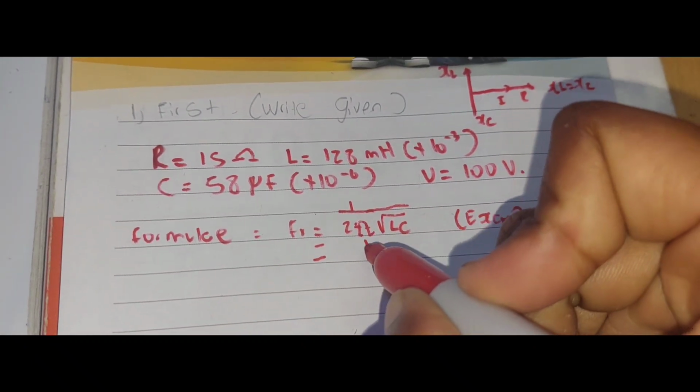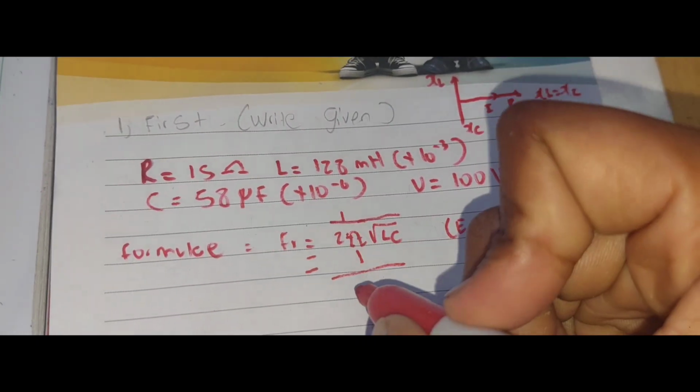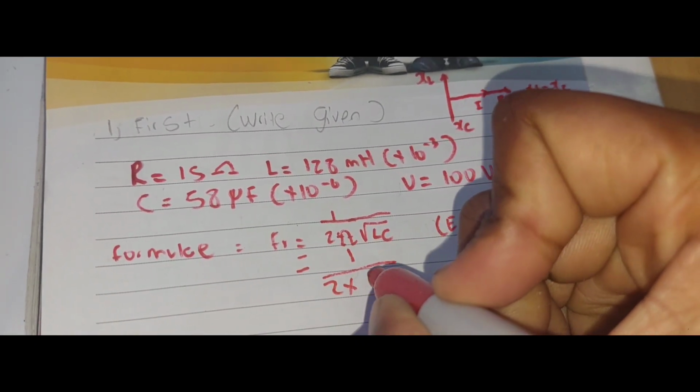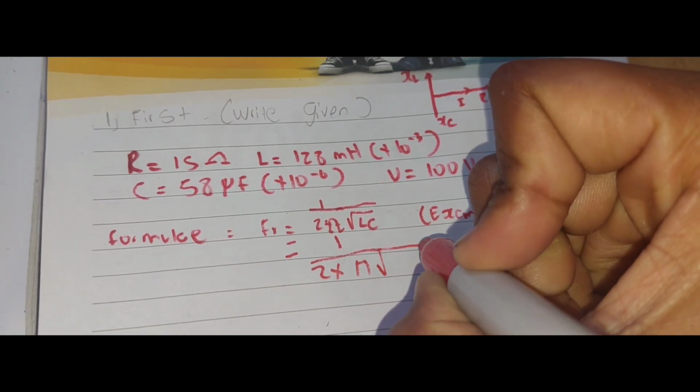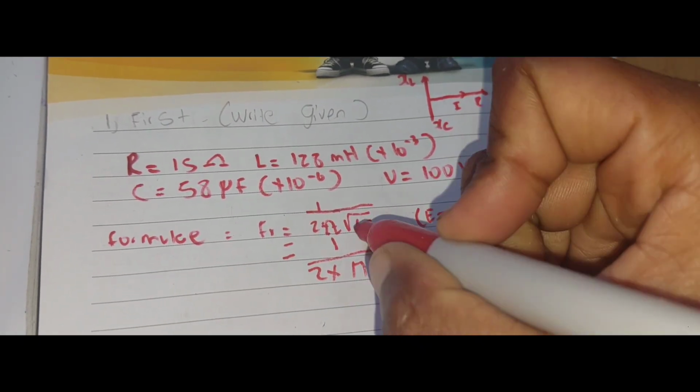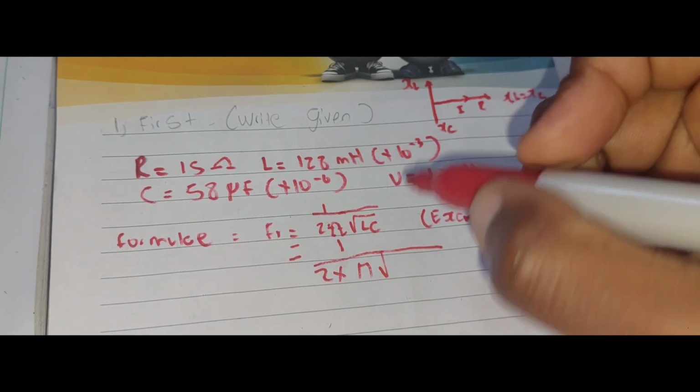We have 1 over 2 times pi times the square root of LC, in which L is 128 m.